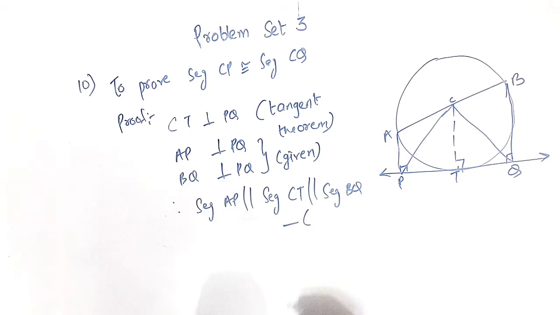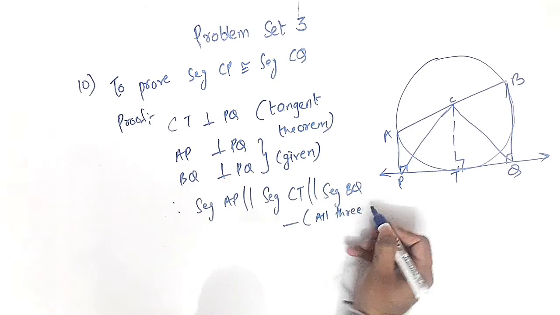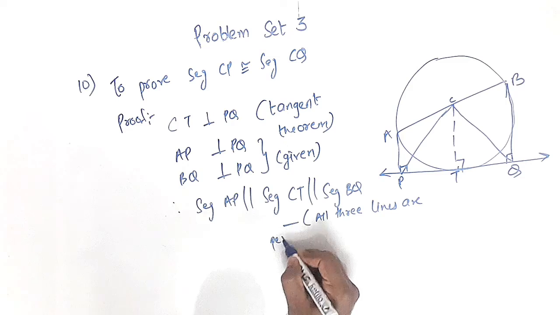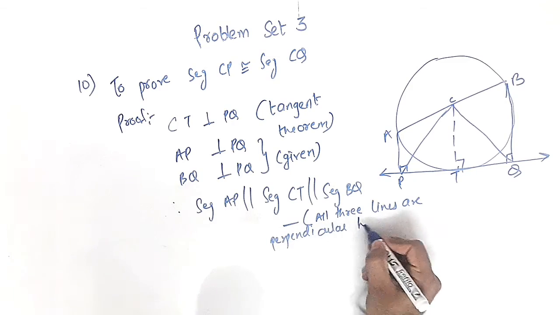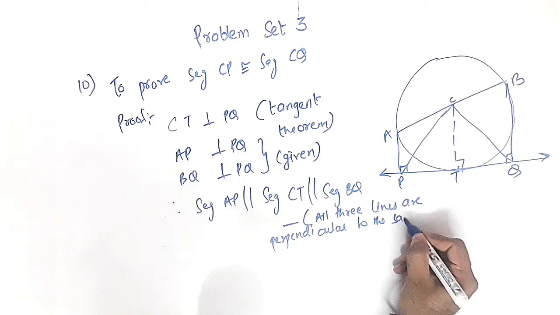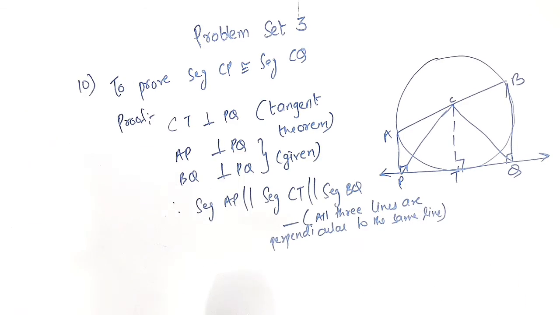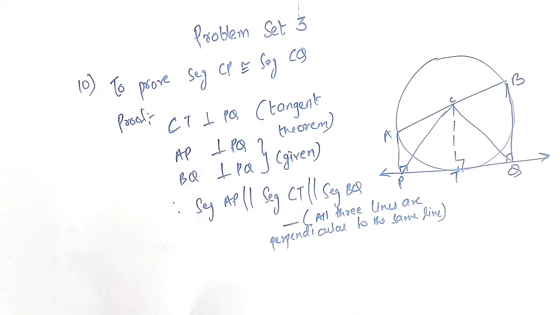The reason is all three lines are perpendicular to the same line. Now if you see this, 1 2 3, you have these lines are parallel.